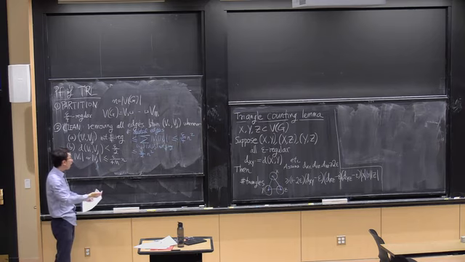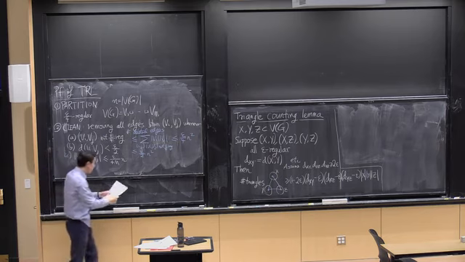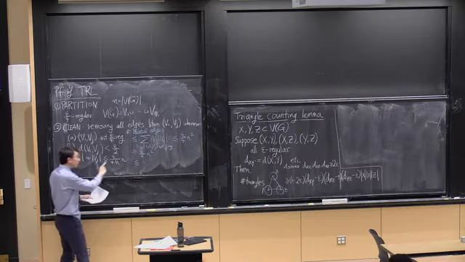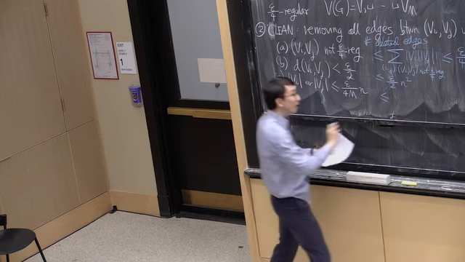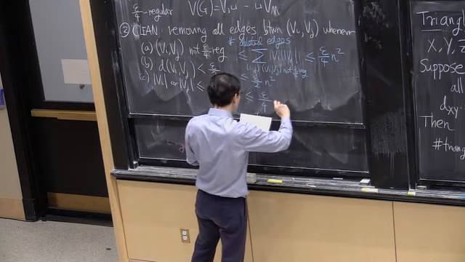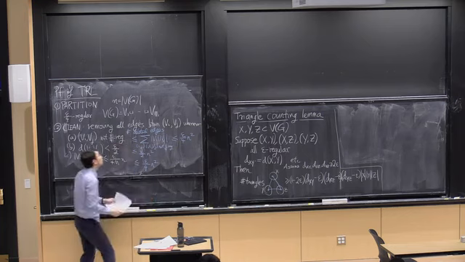So the number of edges I'm getting rid of in the last step is at most this number times the number of parts, m, then times n. So it's at most epsilon over 4 times n squared.